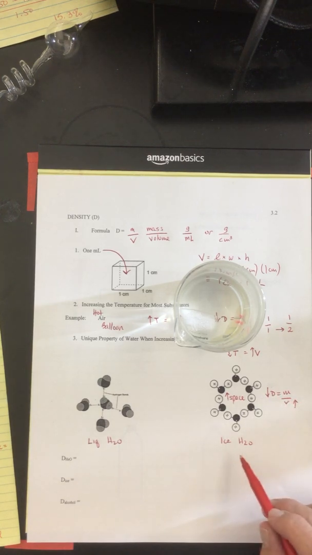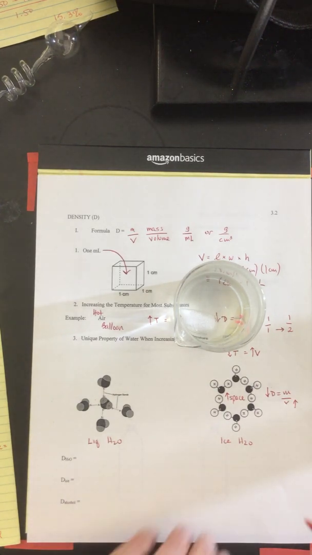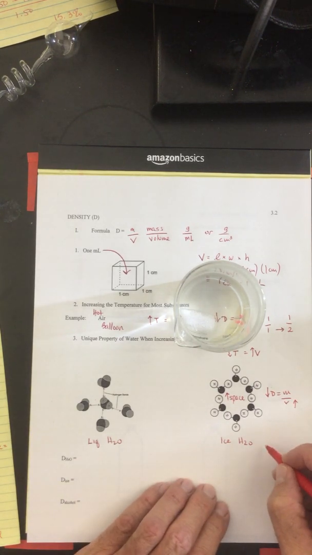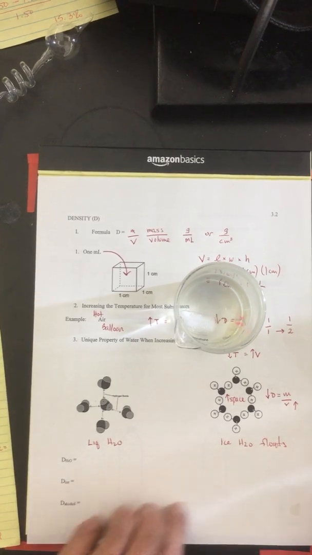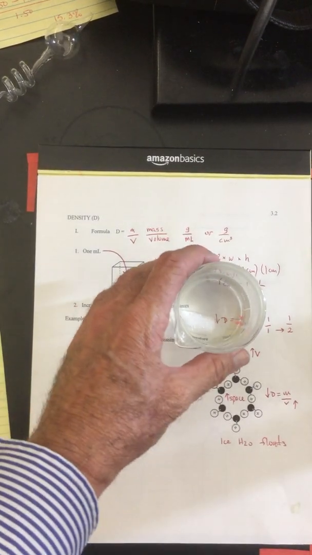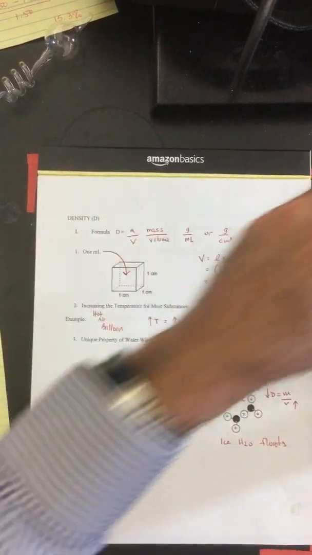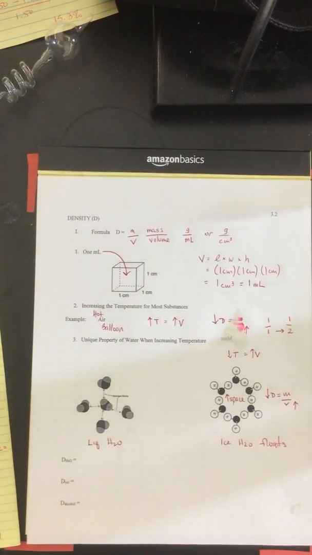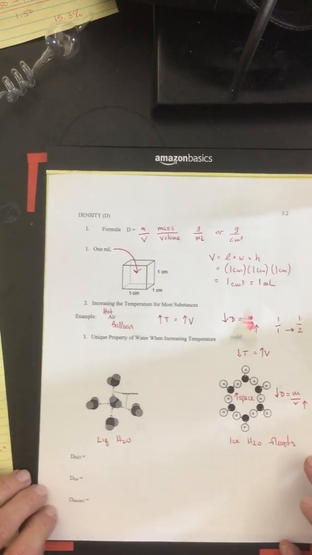Therefore, ice water is going to expand, and this should explain why ice floats. So ice water floats. Why is it not floating in this? Can you think of an explanation? Well, let's take a look. We'll try to explain it here.